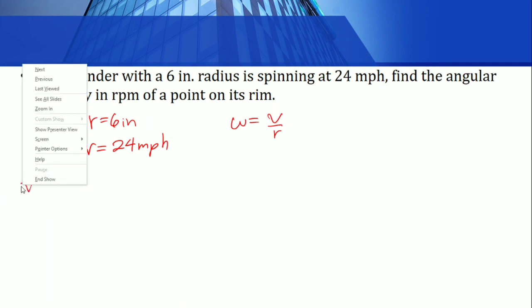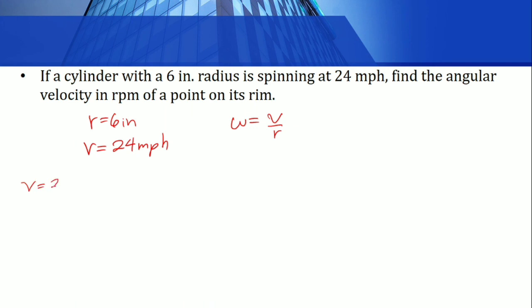So, velocity is equal to 24 miles per hour. So, 1 hour is equivalent to 60 minutes times. So, 1 mile is equivalent to 5,280 feet times.